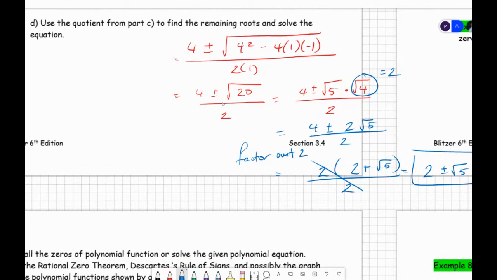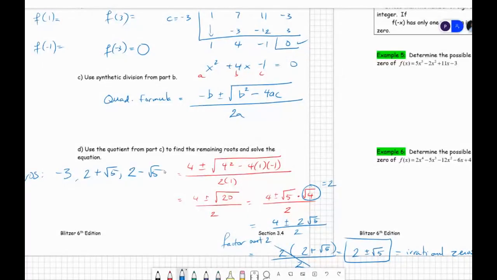So we have a total of 3 zeros. The first one was -3, and then the other ones are this one. Let's write them all out. The zeros are -3, 2 plus square root of 5, 2 minus square root of 5.